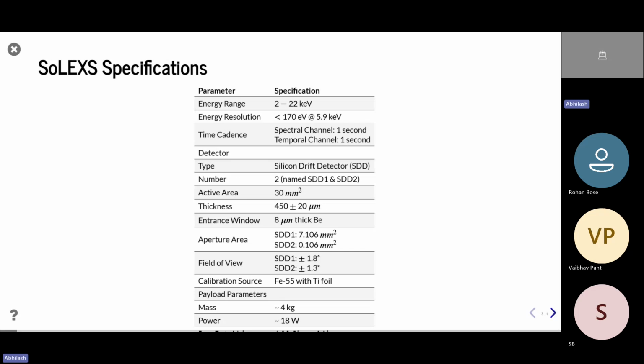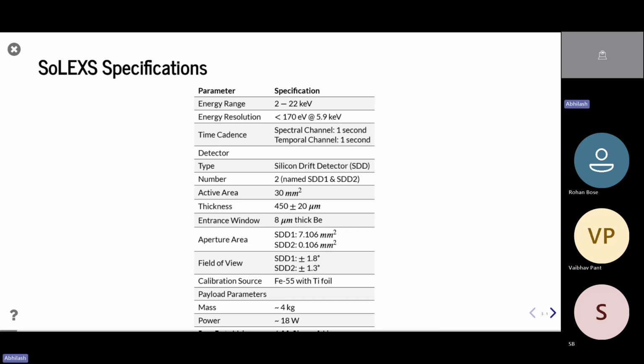So shaping: you have, in the analog domain, what Manju ma'am told. This is the output signal that you get from the detector.